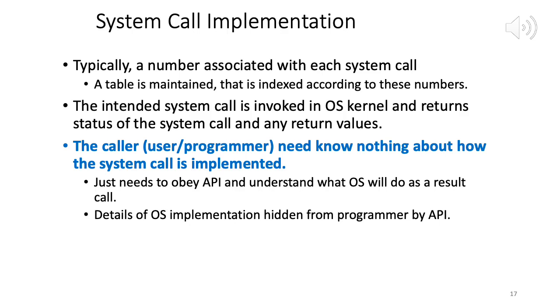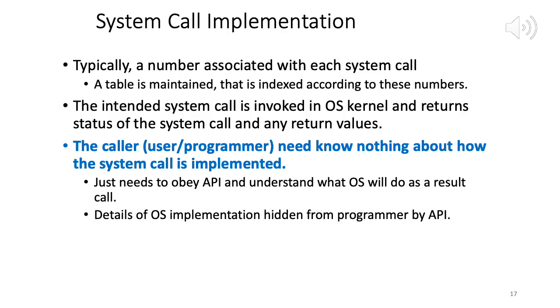Okay. So the nice thing about this feature is that it has abstraction, which means that the caller, whether it's a user or a system programmer, does not need to know anything about how the system call is implemented. The programmer just needs to know which API to call, and needs to call it correctly, right? So no error in the names, the return type is correct, a proper file descriptor is given, all those things.